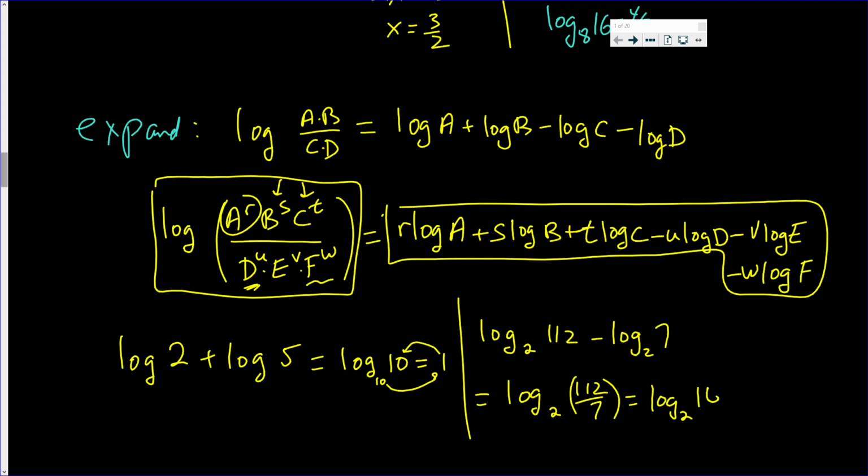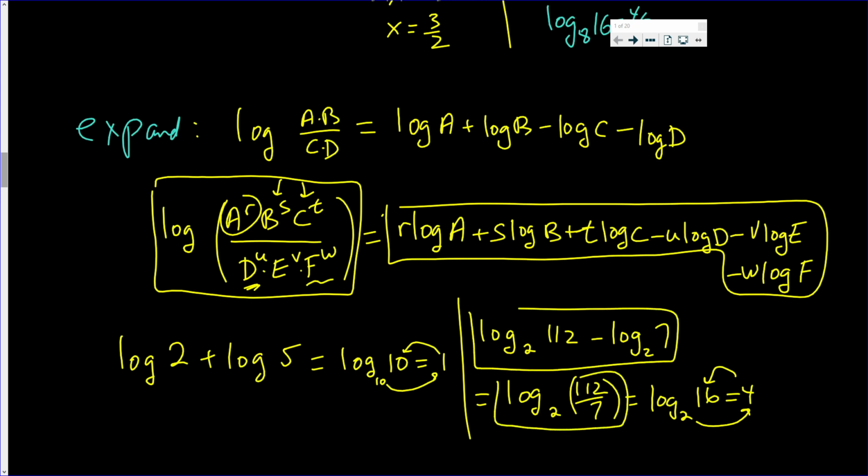That's 16. And 2 to the 4th is 16. That means that this mess equals this, which equals this, which equals 4. This is why you have to write equal signs. If you don't write equal signs, you lose that beginning equation equaling the last equation.